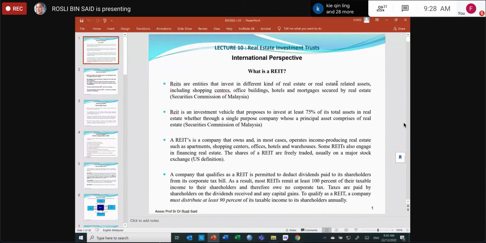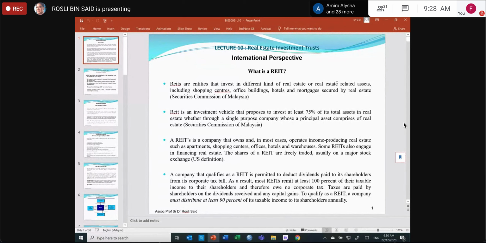So if commercial is not doing well at the moment, other sectors may be doing fine. For example, industrial for smaller units is not doing well, but built-to-suit industrial is still doing well because there is still demand and the rental rate is good.